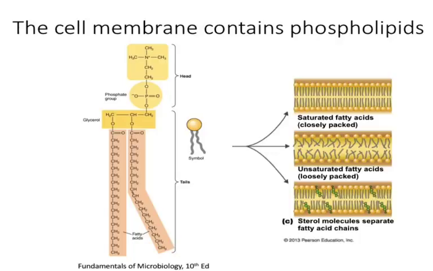Butter is made out of saturated fats. So as temperature increases, it becomes liquid and fluidity increases as well. As that butter cools again, it starts to solidify.